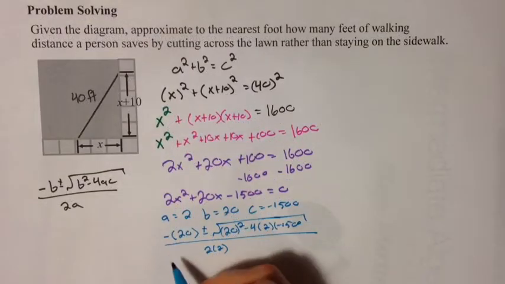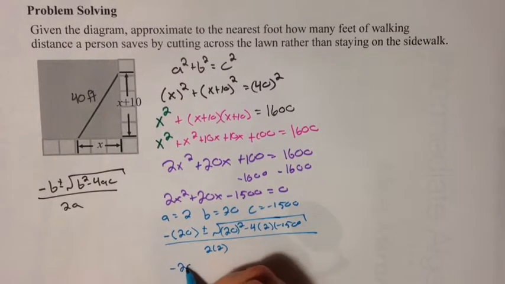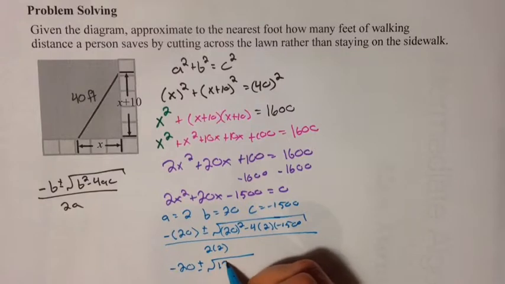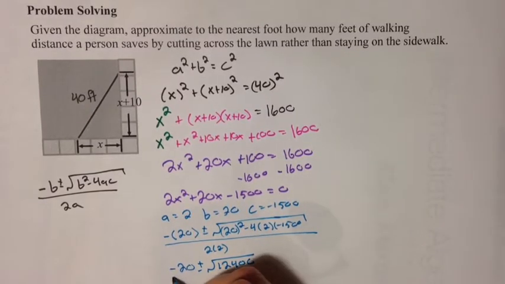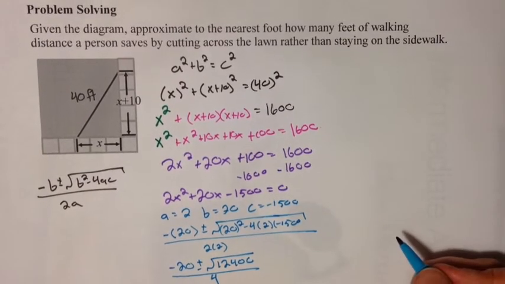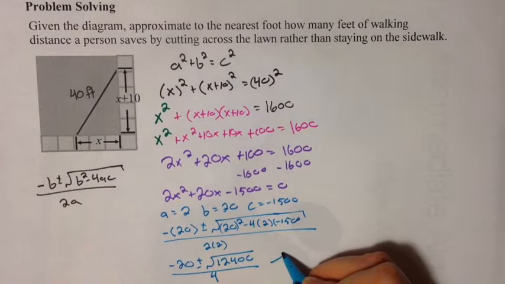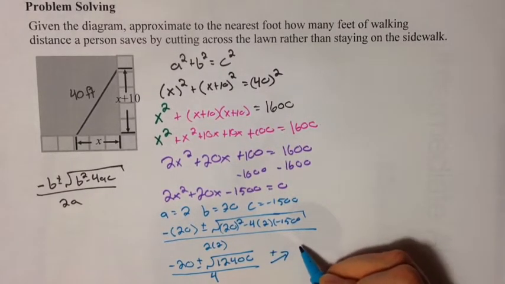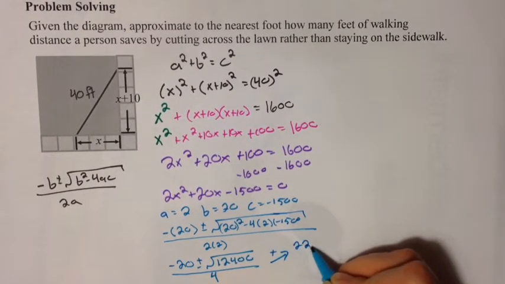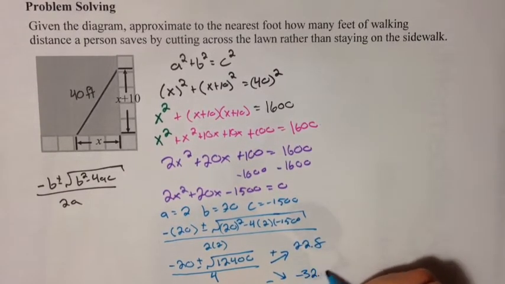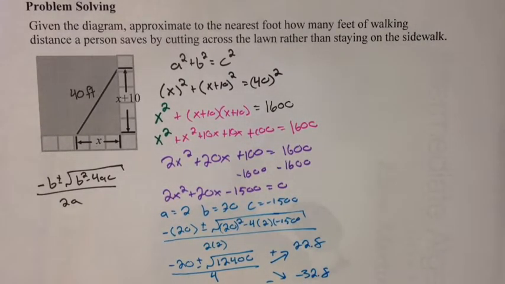We'll simplify this just a smidge, and I get negative 20 plus or minus the square root of 12400 all over 4. Now when I break this out into the plus version and the minus version and use my calculator to approximate, when I use a plus, I get 22.8. And when I use a minus, I get negative 32.8. Now let's just stop and take a good look at what we've done.